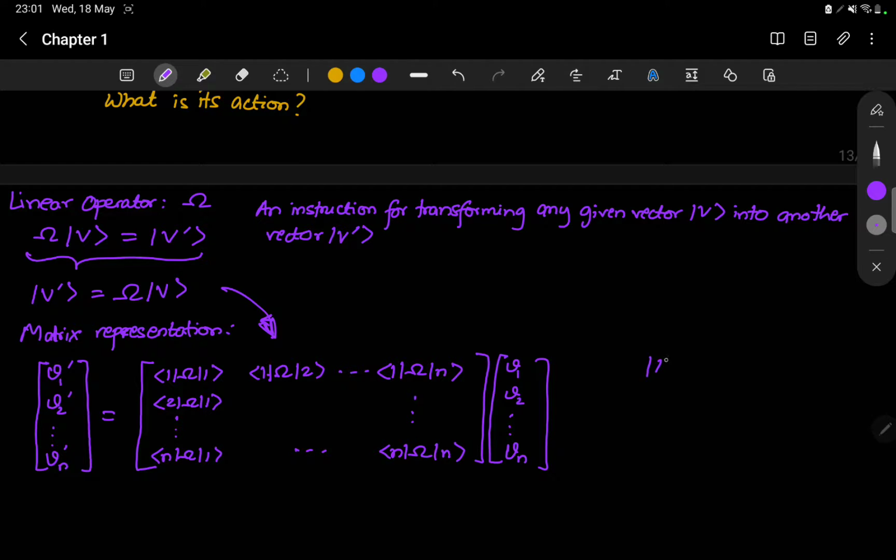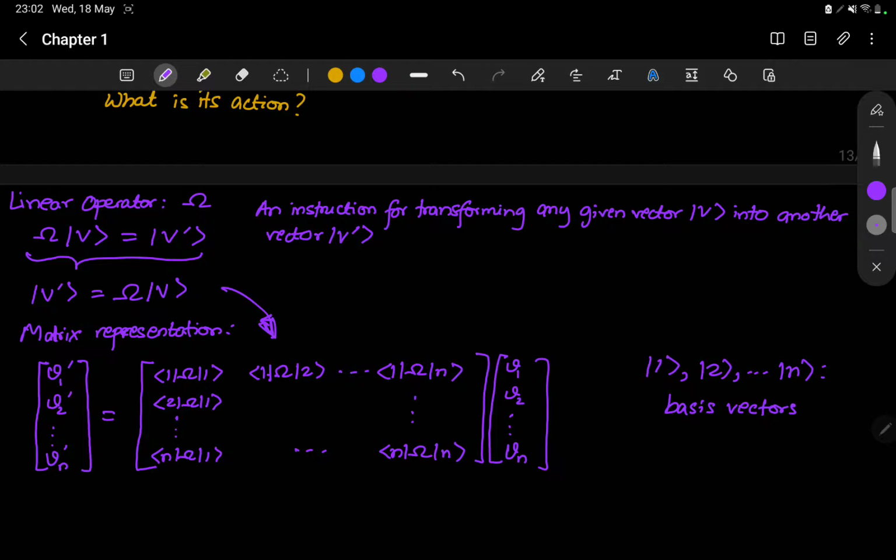Here the vectors 1, 2 and so on up to n are the basis vectors. So this matrix representation is basis dependent. Given a set of basis vectors for a vector space, the linear operator can be written in that particular basis, and the matrix representation would be basis dependent.